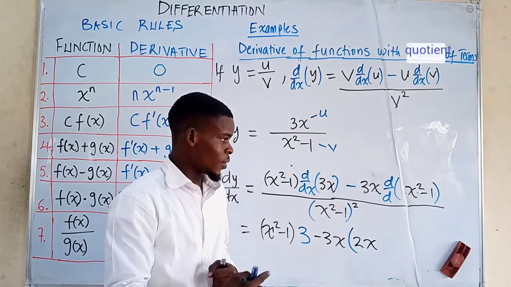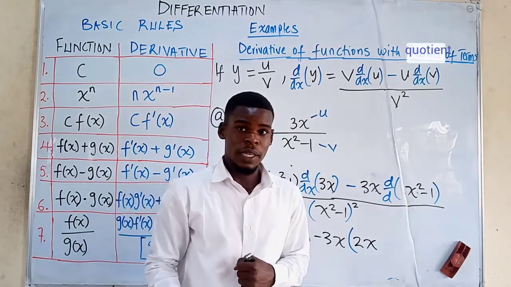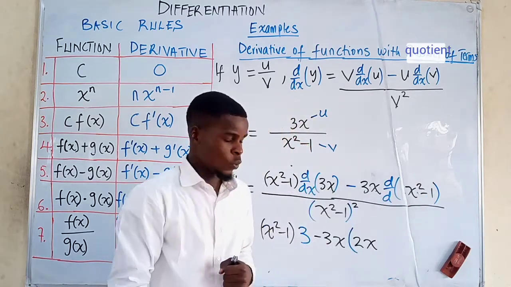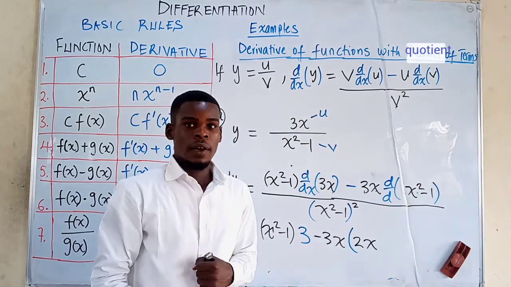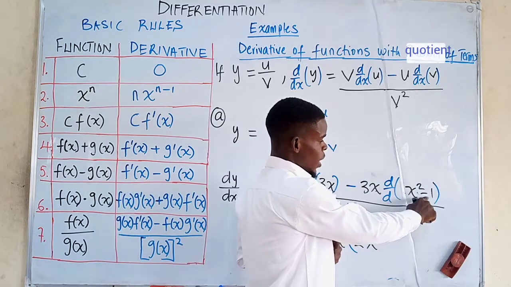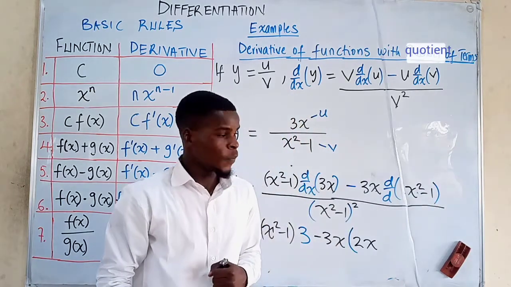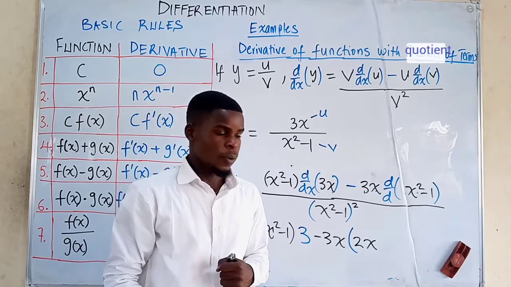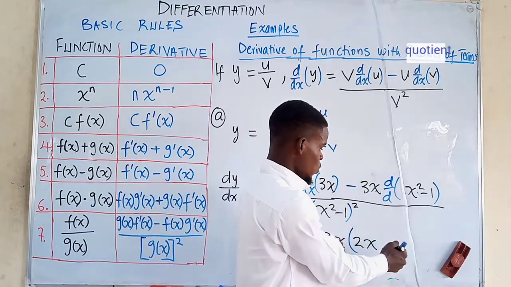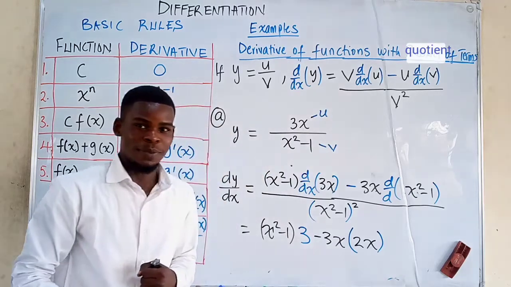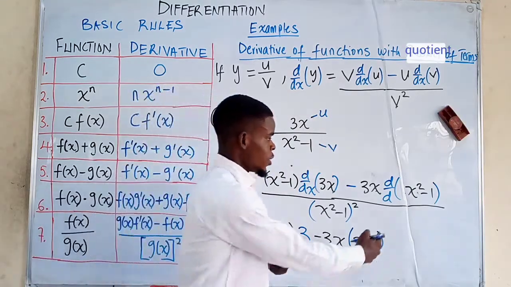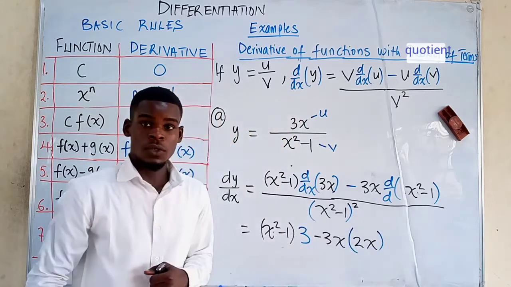Bring the 2 down and subtract 1 from the power, that is 2x raised to the power 2 minus 1, which leaves us with 2x. On the other hand, we have minus 1. Since 1 is a constant, the derivative is 0, and we subtract 0 from 2x, which is like not subtracting anything. So we have just 2x.